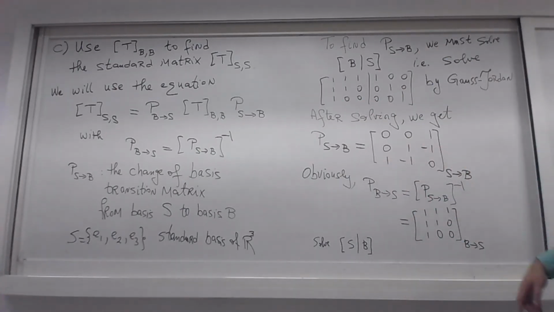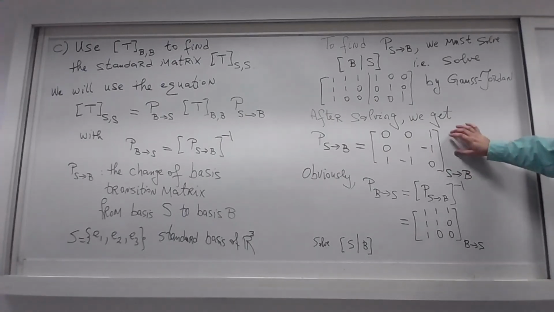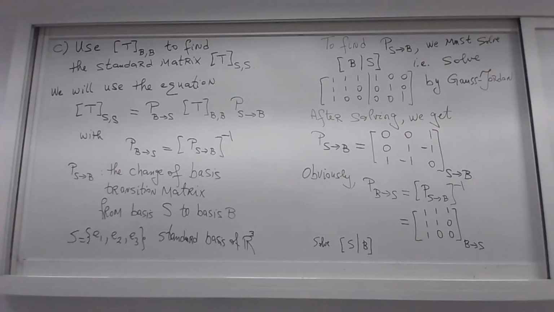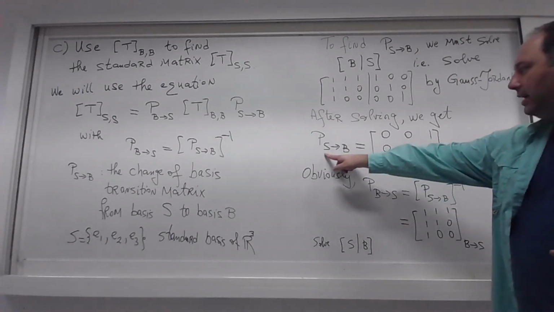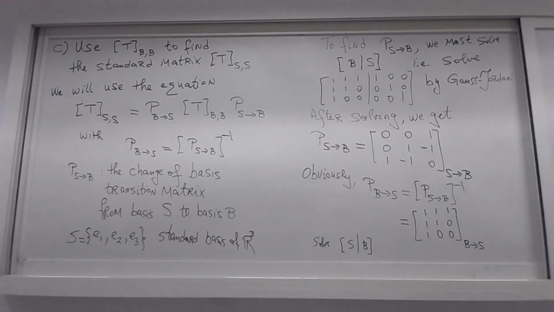So once we are done with the Gauss-Jordan, we get this matrix here, which is the change of basis transition matrix from basis S, the standard basis, to basis B. Its inverse is obviously the change of basis transition matrix from basis B to basis S, the standard basis.